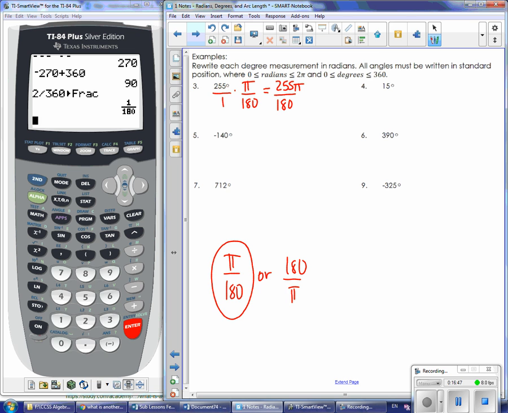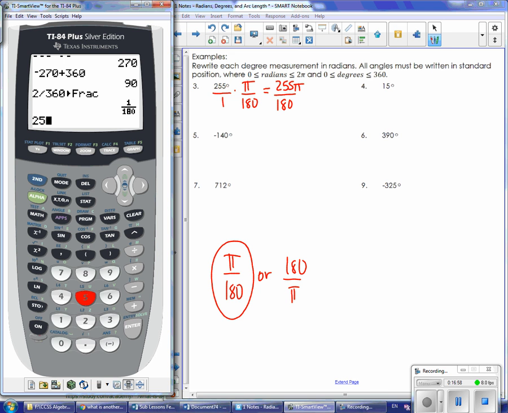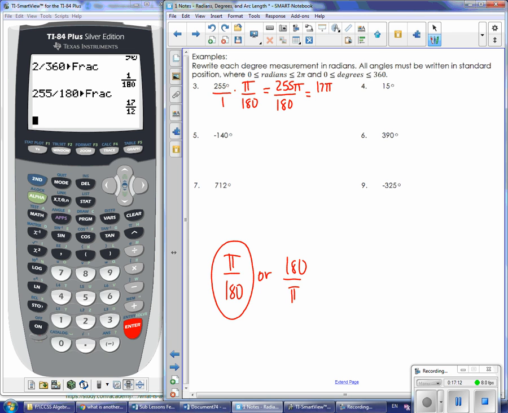And if I want to simplify that fraction, and again, I'm just going to leave the pi alone. I'm not going to try to multiply it out or anything. If I just want to simplify the 255 over 180, I'm going to do that on my calculator. 255 divided by 180, and then just use that math change to fraction command, and it'll give you the fraction in lowest terms. So we get 17 over 12. So this is the same thing as 17 pi over 12. And you're going to leave your answer just like that.